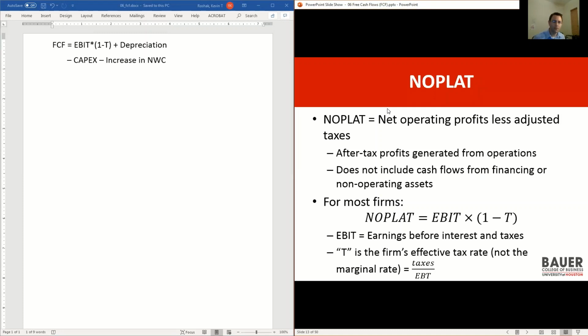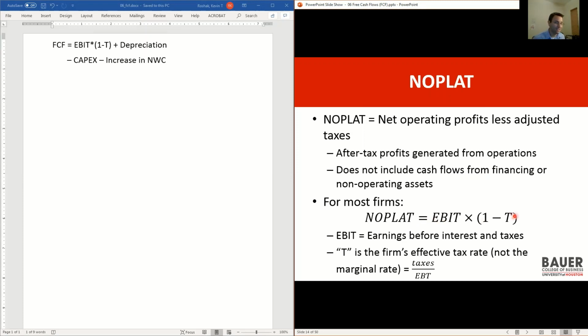So we said that the first part of free cash flows is your profits. That's the starting point. The long way to say that is your net operating profits less your taxes. Right? We take out taxes, but we don't include things that are not from our operations, like financing or non-operating assets. For most firms, we're going to use a more concrete number, EBIT.